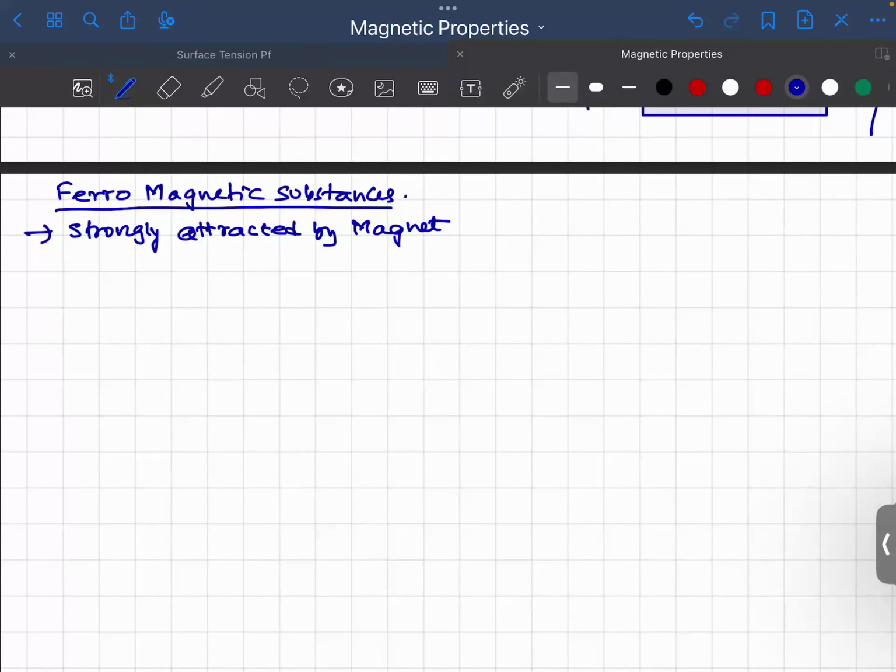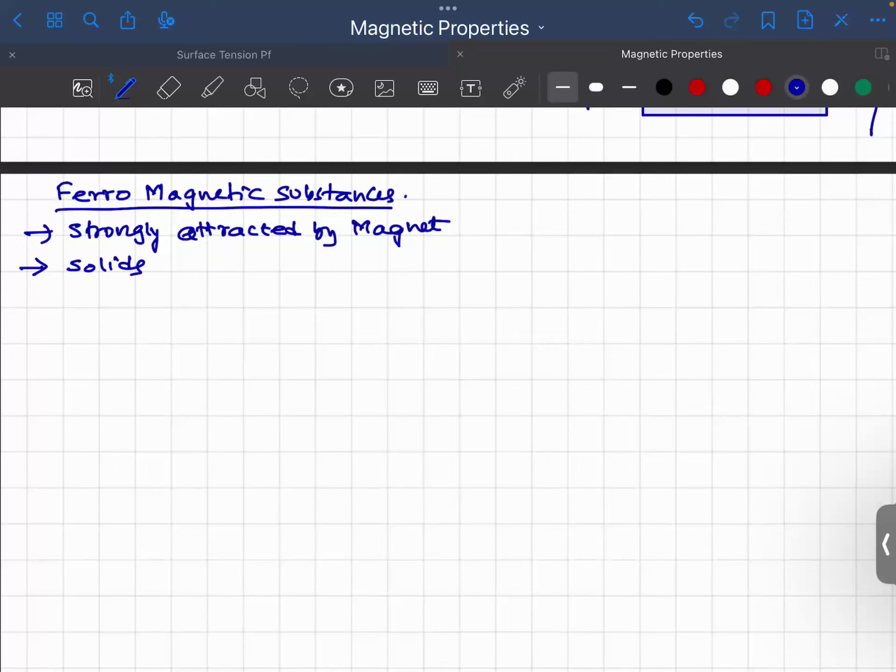Basically they are solids actually. You cannot have a liquid material with ferromagnetic properties because a domain is purely a crystalline property. Crystalline means obviously solids. Right.